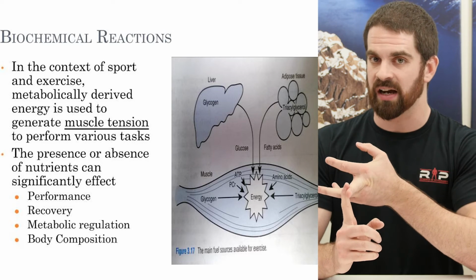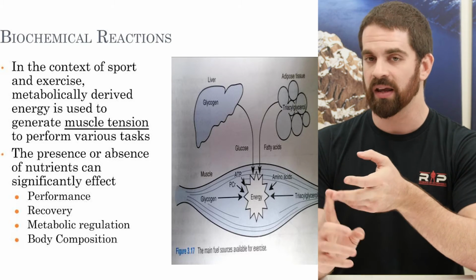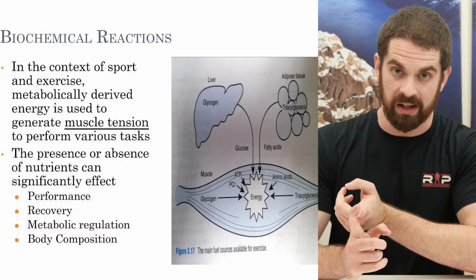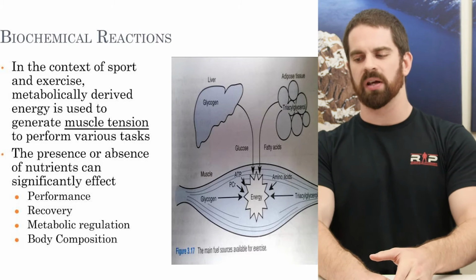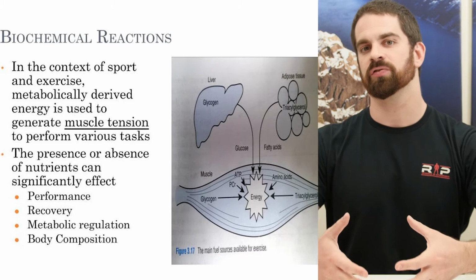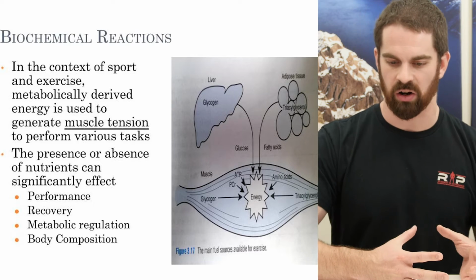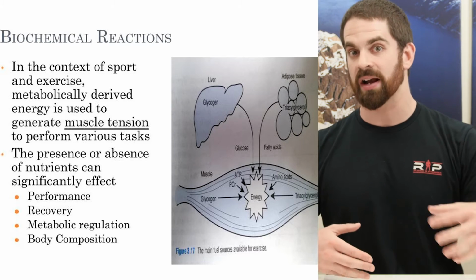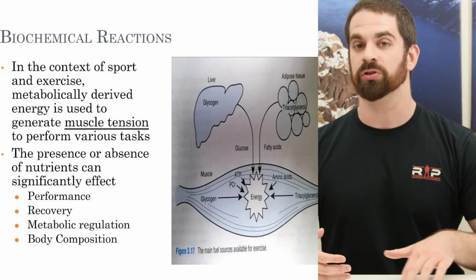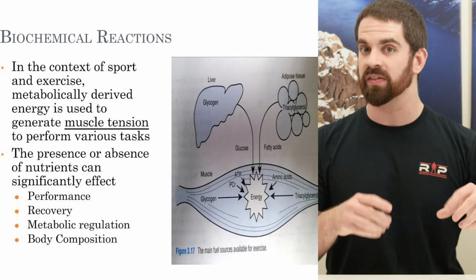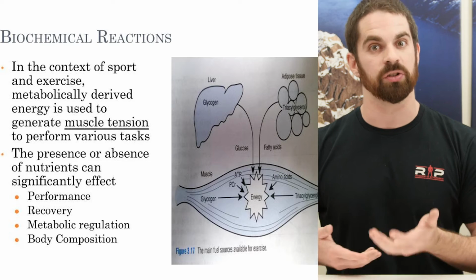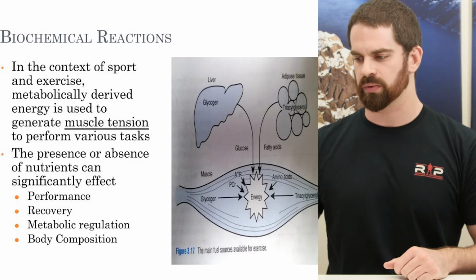They'll have a big effect on how your metabolism is regulated, and certainly will have a big effect on your body composition, right? So we want to make sure that we're considering not just foodstuffs as, okay, if I eat carbs at this time, I get this effect, right? We're actually having a huge chain of events of breaking things down and then converting energy into usable forms. So let's go on to the next one.